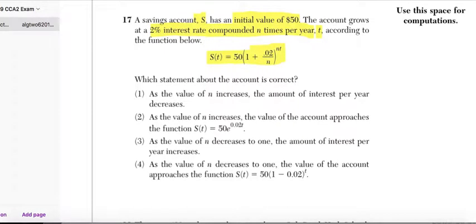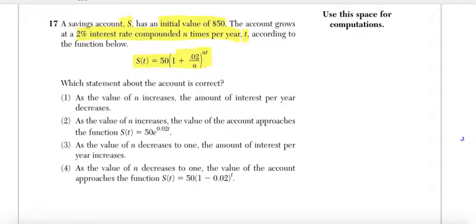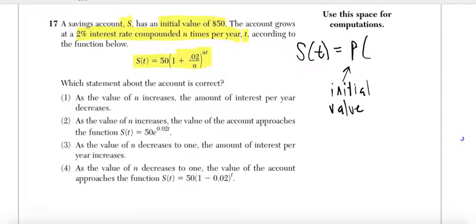So guys, in general, the compound interest formula goes like this. The amount, which usually we call A, but let's say S, after t years, is equal to P times (1 plus r over n) to the nt.